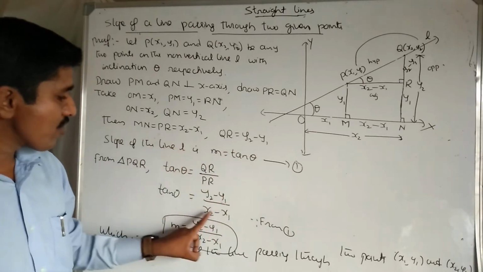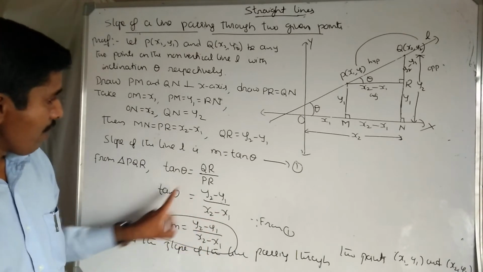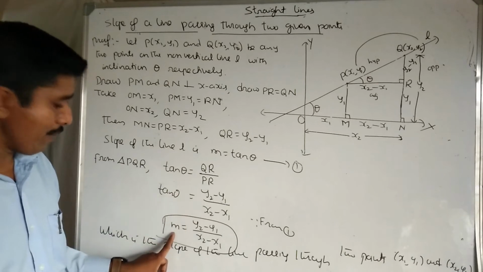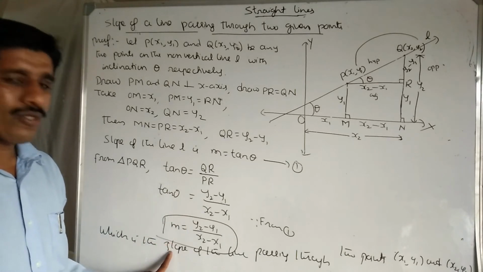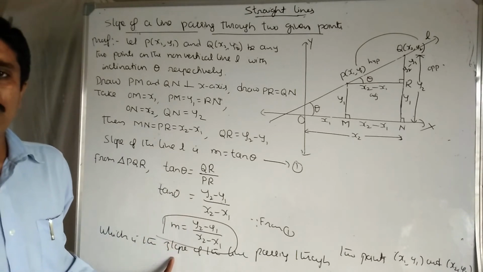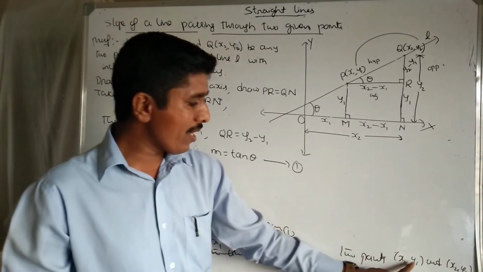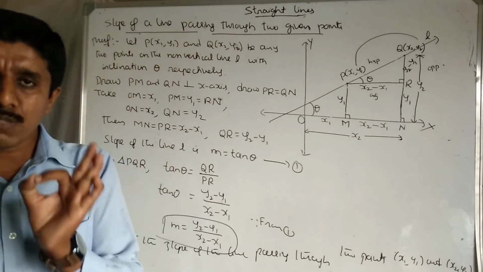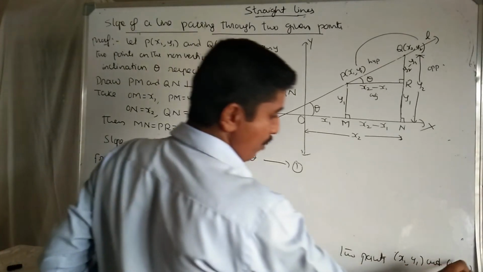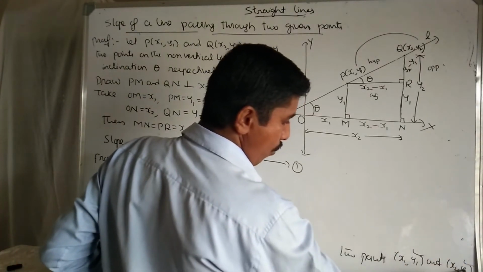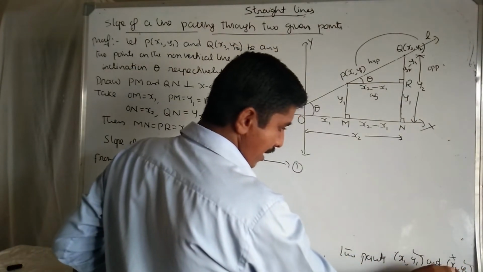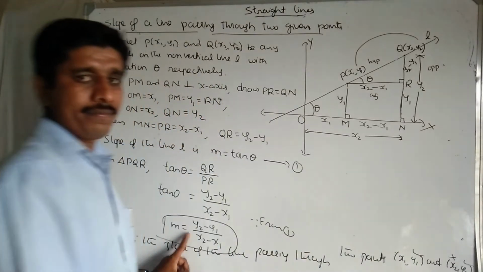PR equal to x2 minus x1. From equation 1, tan theta is denoted m, so tan theta equal to m. Got it. So this is called the slope of the line passing through two points x1 comma y1 and x2 comma y2. Mind it, slope is denoted by small m. The difference of the y coordinates, y2 minus y1, divided by the difference of the x coordinates, x2 minus x1. Formula very important.